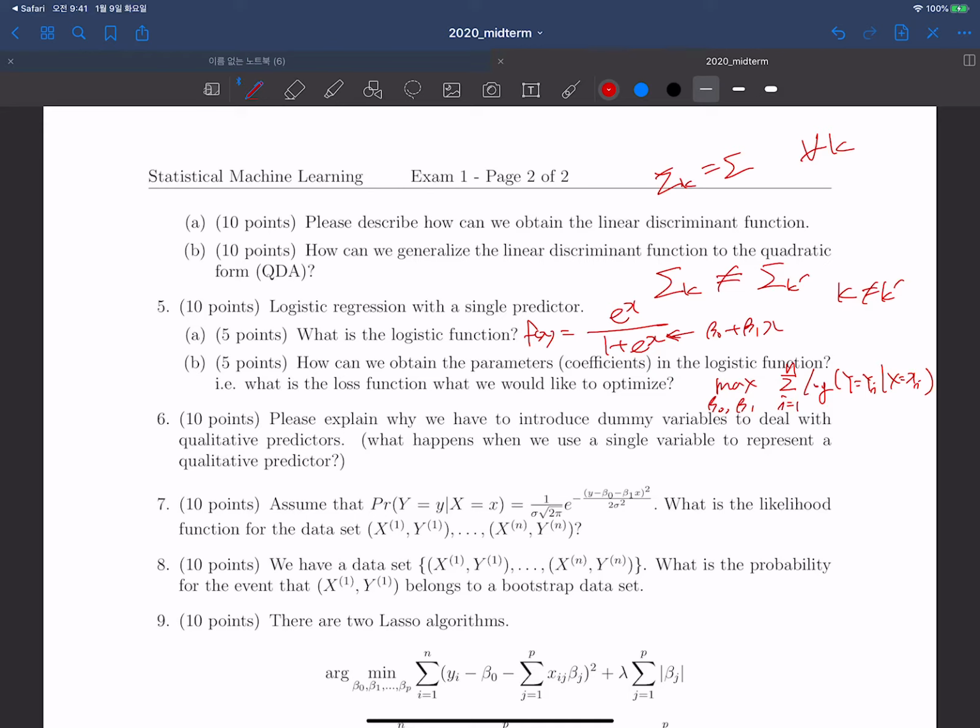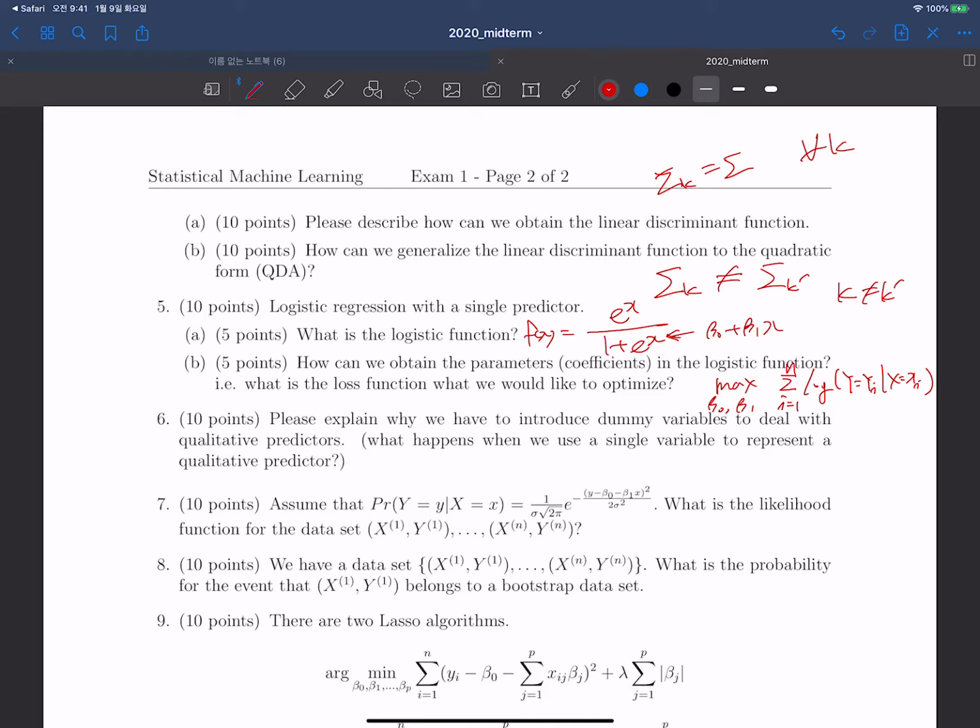Using the training data, you basically maximize the log likelihood value by controlling the parameters beta 0 and beta 1.